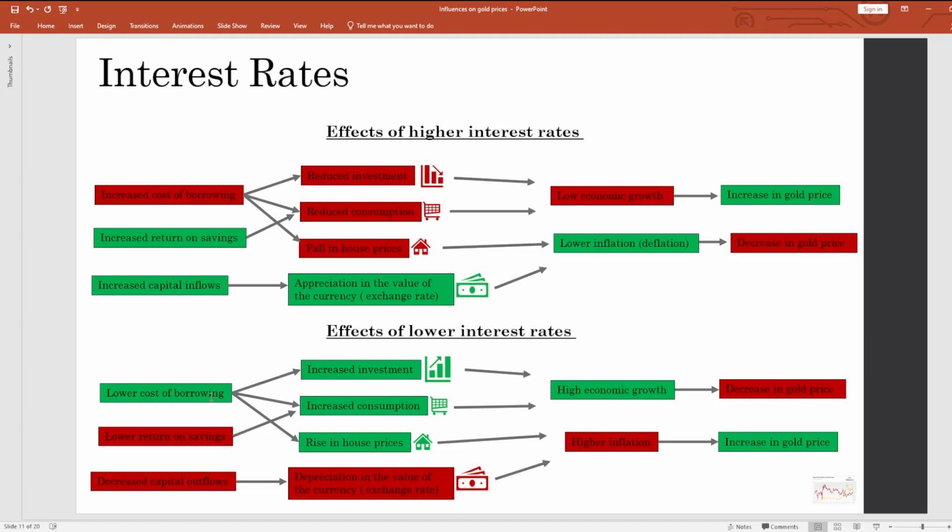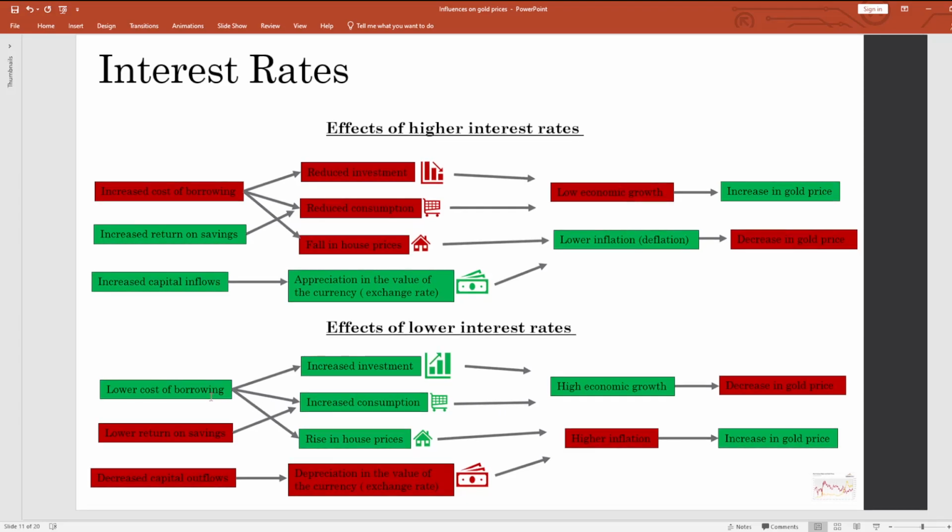The second thing is a lower rate of return on savings. So savings accounts essentially become useless. That creates a situation where increasingly people start to park their money in more risky assets, such as the stock market, as we've seen for more than a decade now.